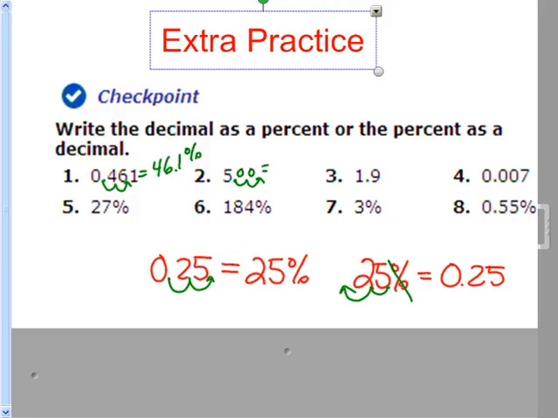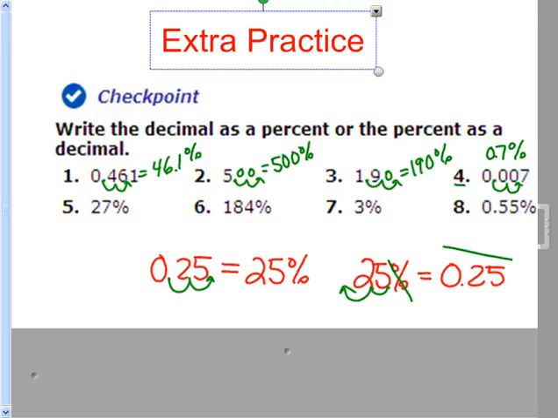It looks like I'm going to get 500%. 1 9/10, moving the decimal point to the right, I'm going to get 190%. And then for 7 thousandths here in number 4, moving the decimal point to the right, I'm going to get 7/10 of a percent, 0.7%.